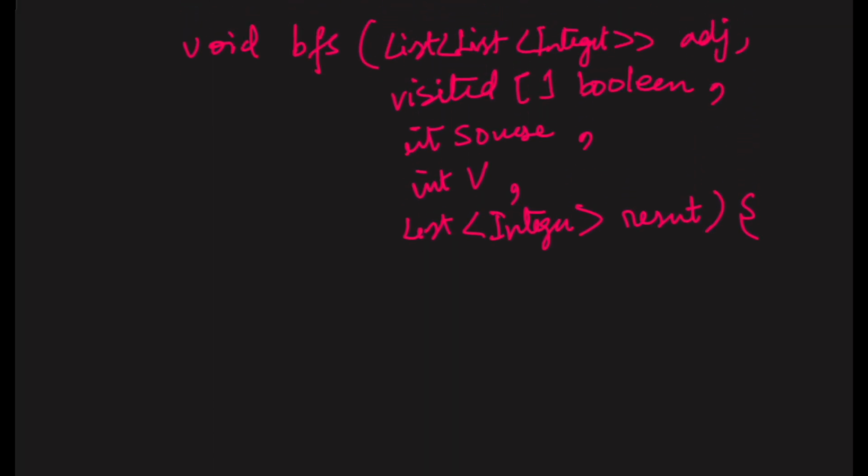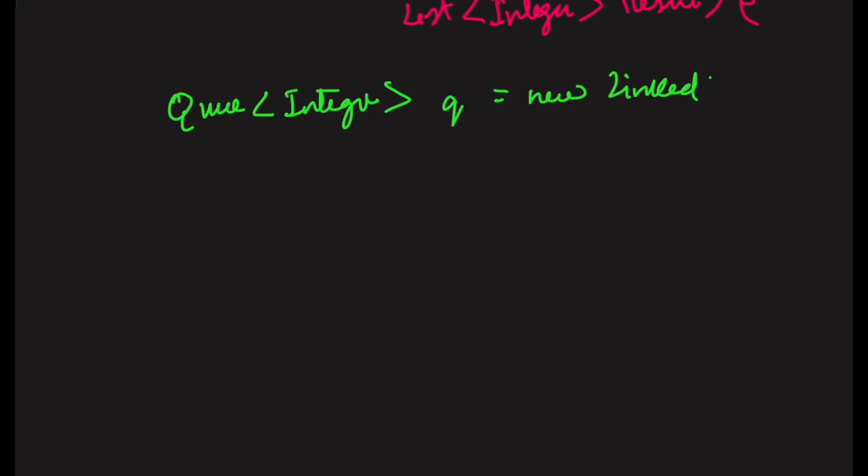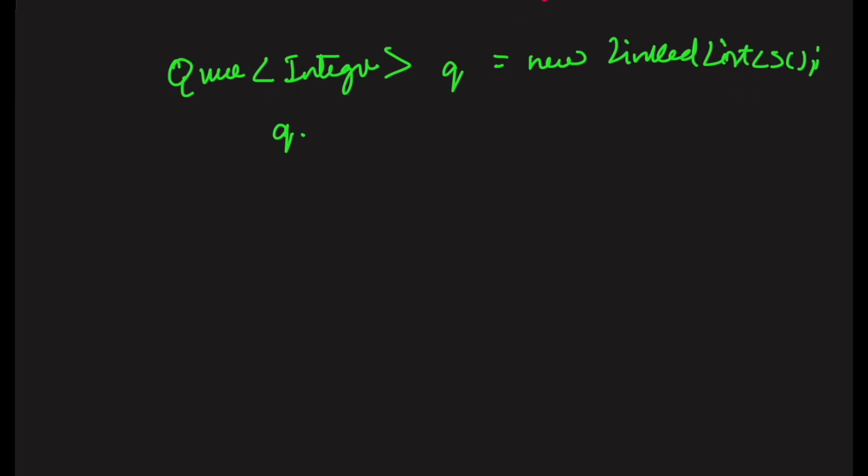Now first we are going to create a queue, a queue of integer, let's name it queue as new linked list. Now we are going to add our source. In this case our source was 0, so 0 will be added.